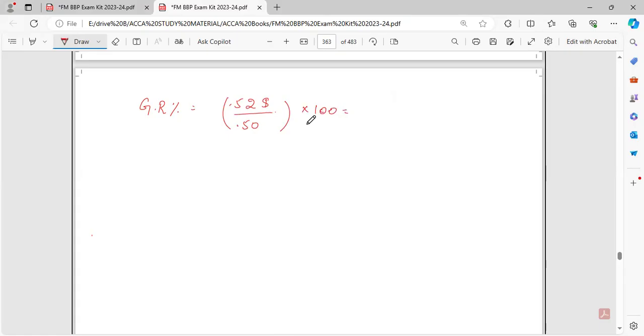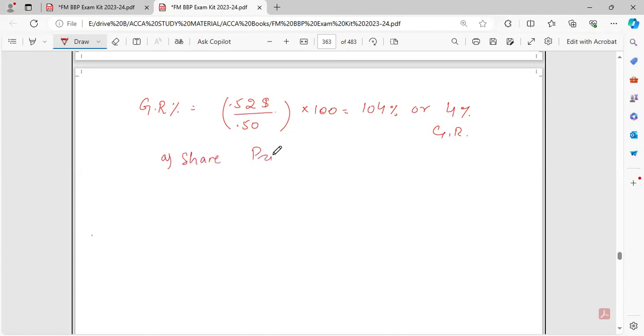So 0.52 divided by 0.5, it is 104%, or we can simply say 4% growth rate. Now we will calculate share price.